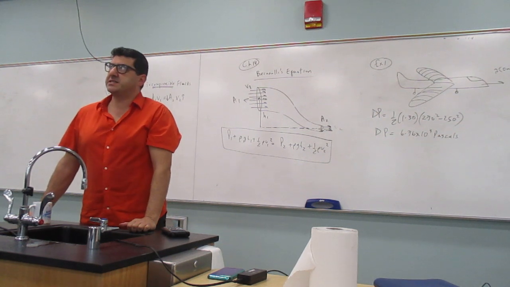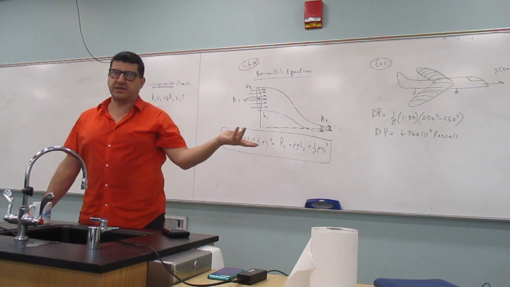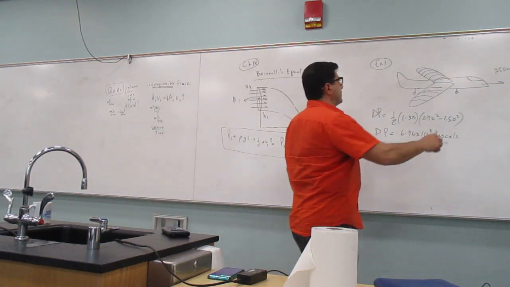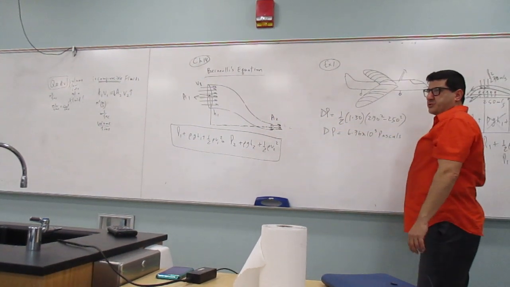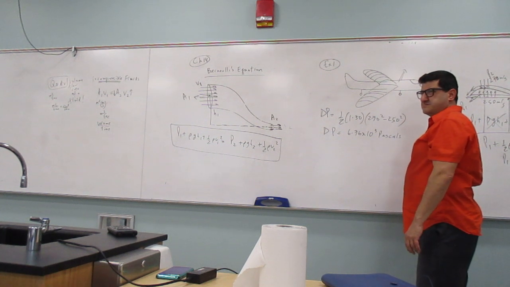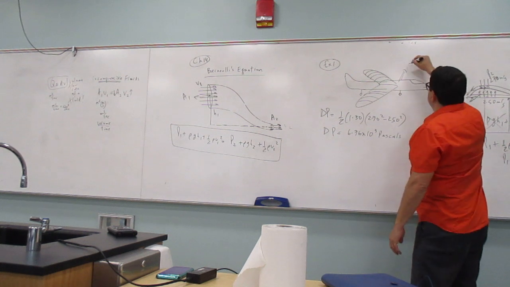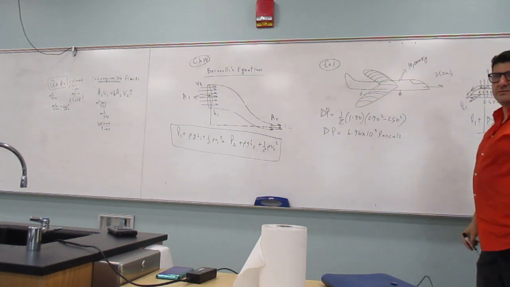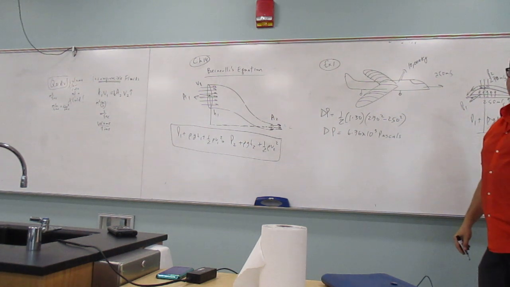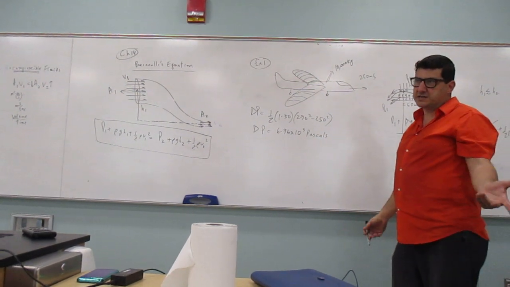We can say, let's say the airplane weighs something. What's the typical weight of a plane? 10,000 kilograms? I don't know. It can't be 1,000 kilograms, that's too light. 10,000 at least.